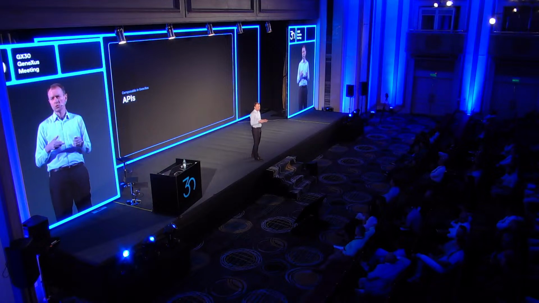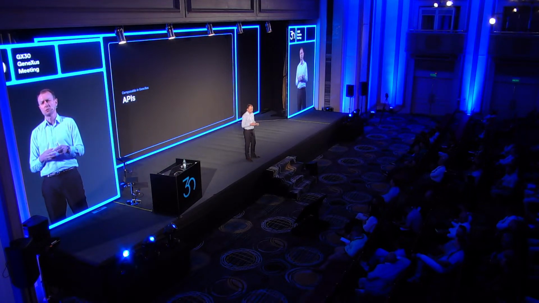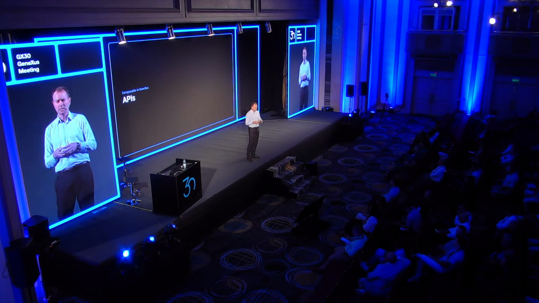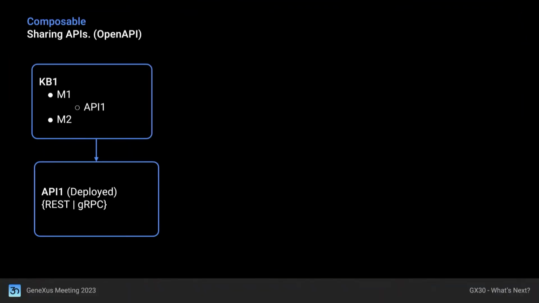If we go a little bit further, it's not only procedures or data providers that we have in those modules, and the design systems can be reused, but this year we added something that means that we can do the same with APIs.